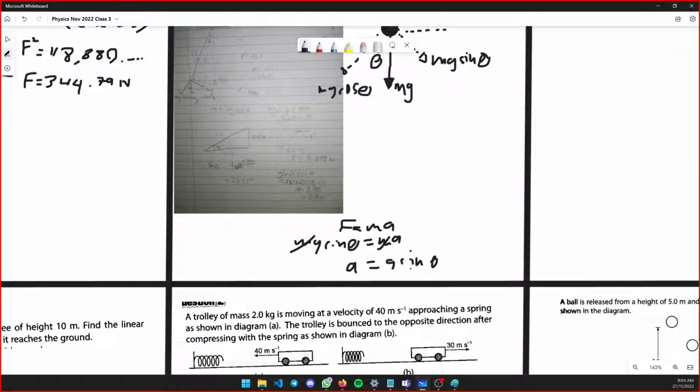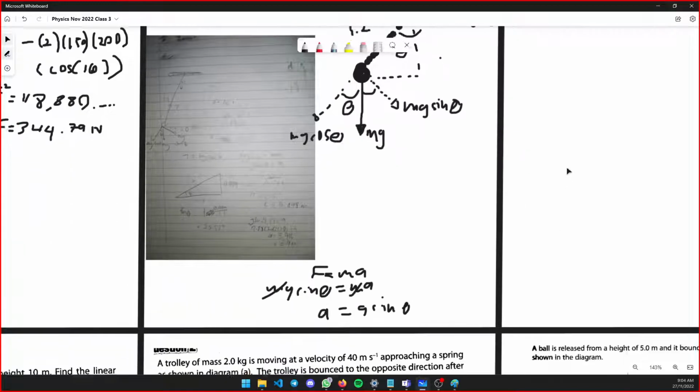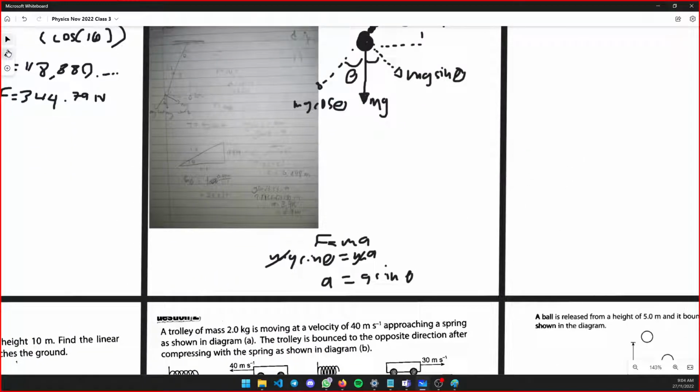How much is g? 9.81, times sine of 23.56. Can someone put that on the calculator and tell me how much it is?